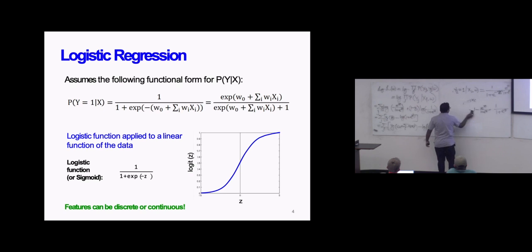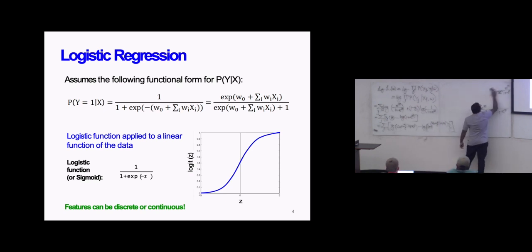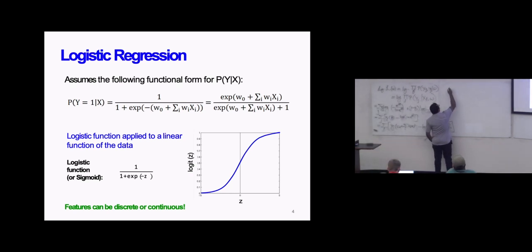So if we take a partial derivative of the likelihood function with respect to a particular w, let's say wk, we need to figure out what is going to happen with this, right?